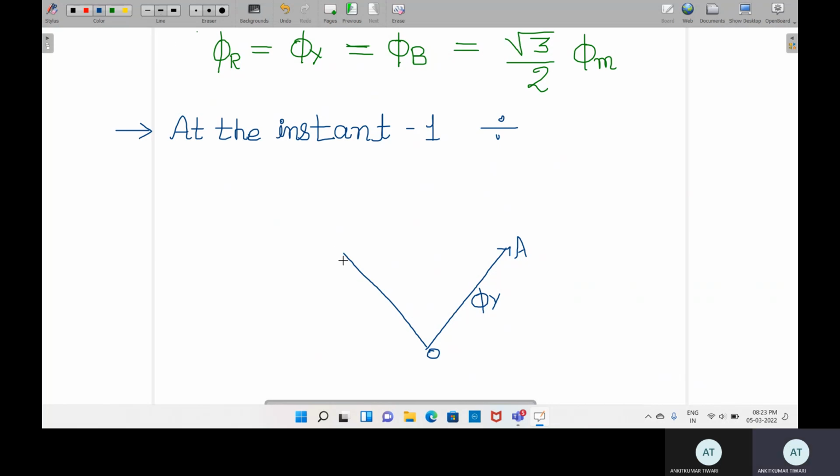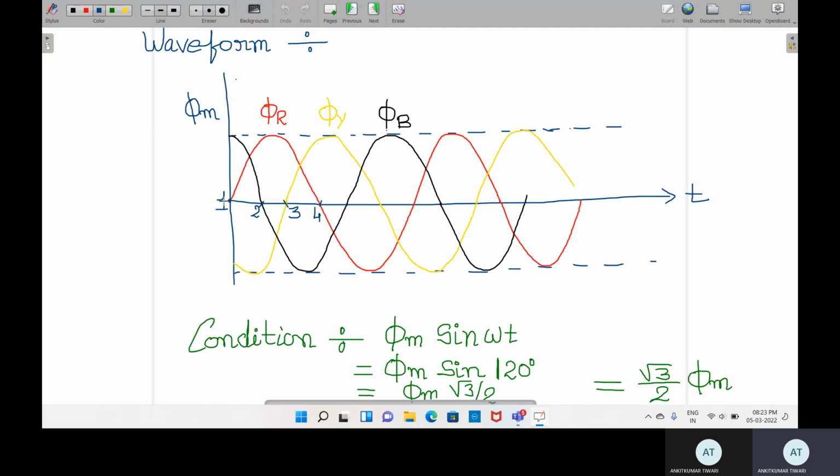I have drawn it like this. Now this is OB, the flux phi B. So we have selected two fluxes, phi Y and phi B, because at instant one, phi B is positive and phi Y is negative.